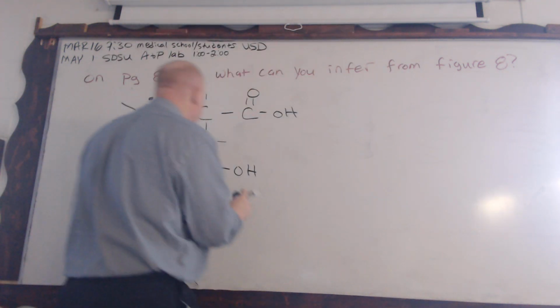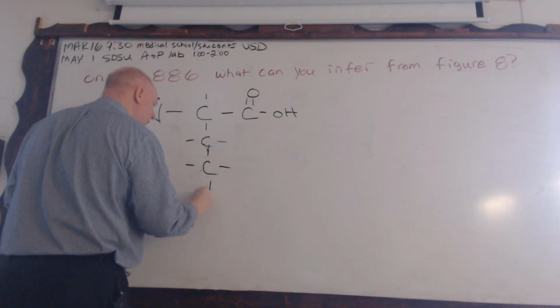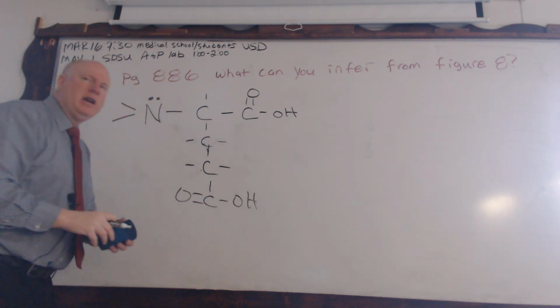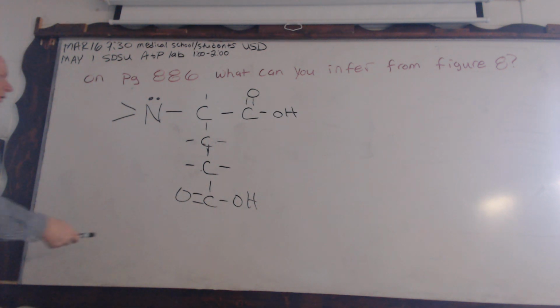Oops, that's not right. Just thought we'd mix things up there. Because it doesn't really matter which side the double bonded oxygen's on. Okay. So now we have glutamic acid.